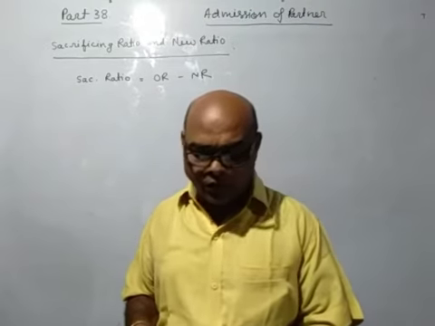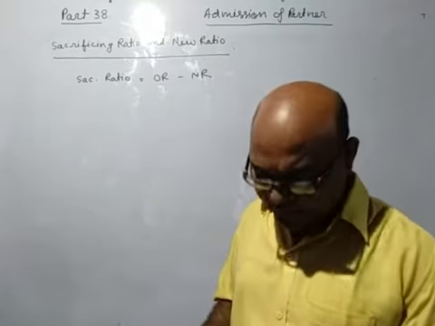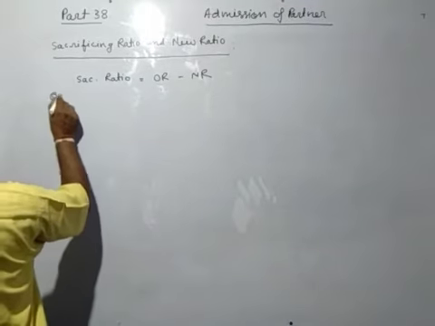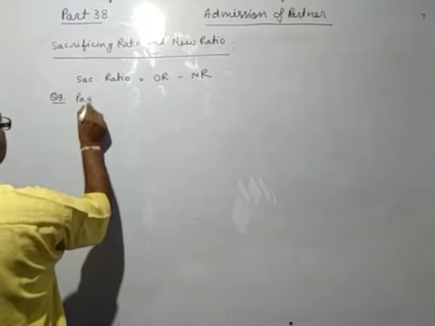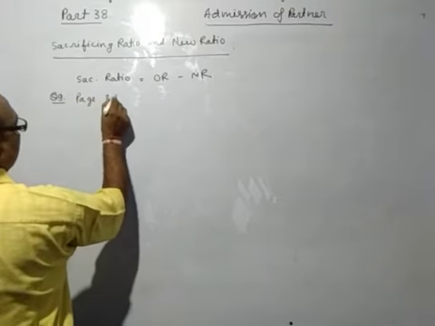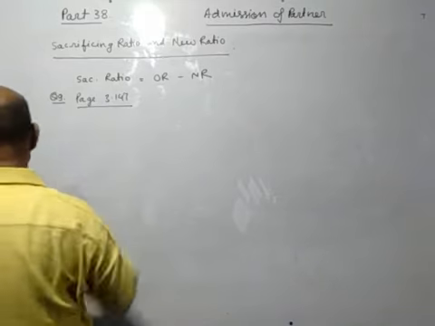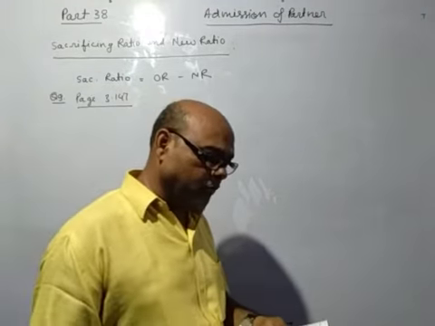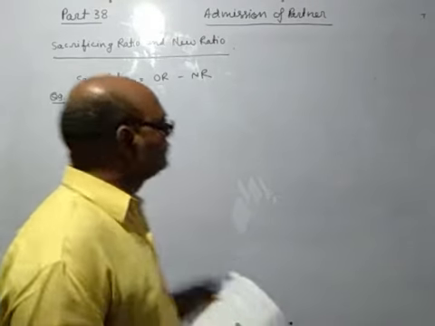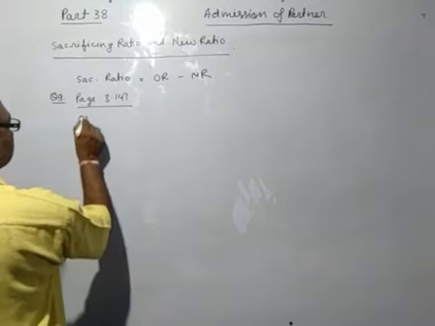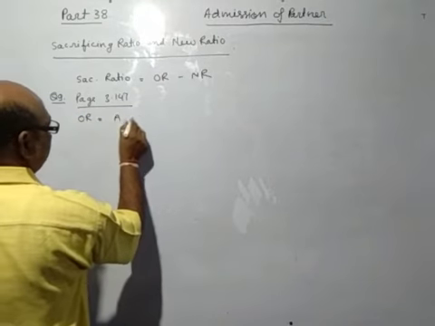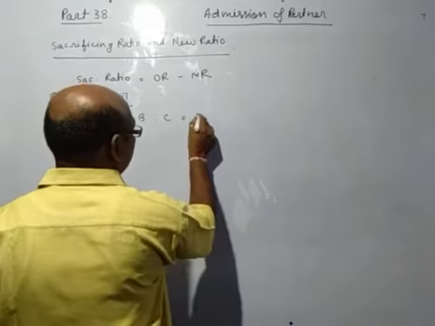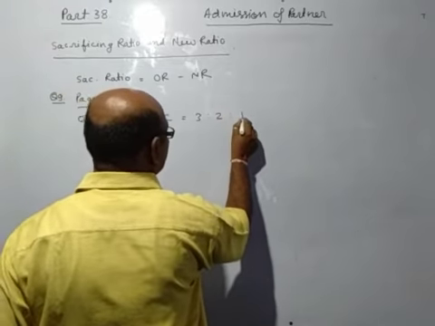So we will see question number 9, page number 3.147. A, B and C are sharing profit and loss in the ratio of 3:2:1. So old ratio A is to B is to C is given as 3:2:1.